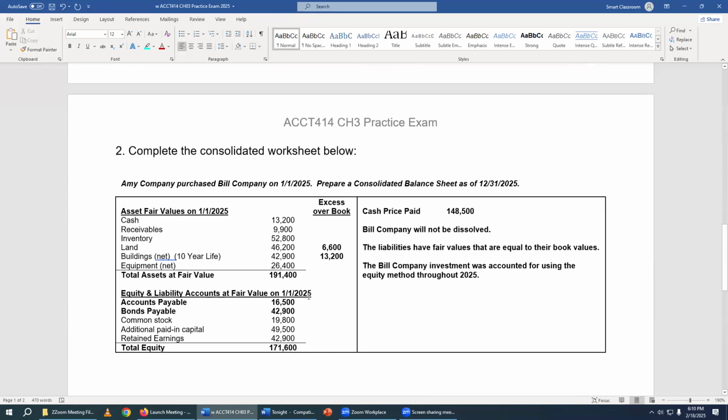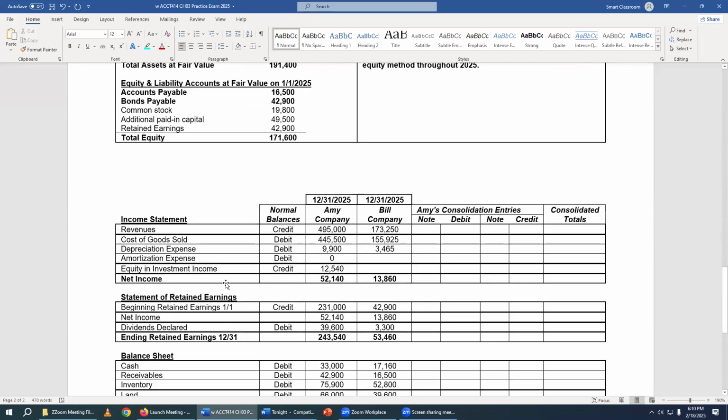I'm going to cheat and look ahead and see what they call that. Equity and, okay, we'll use this term, equity and investment income.